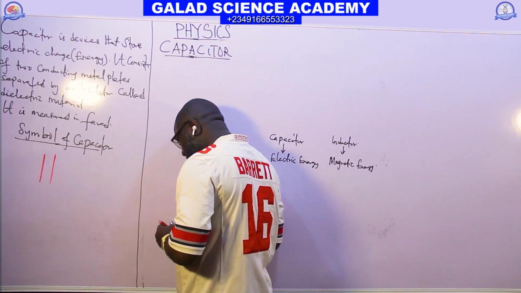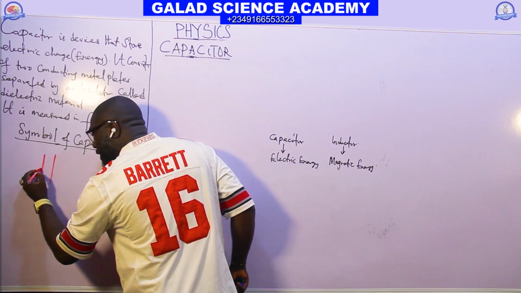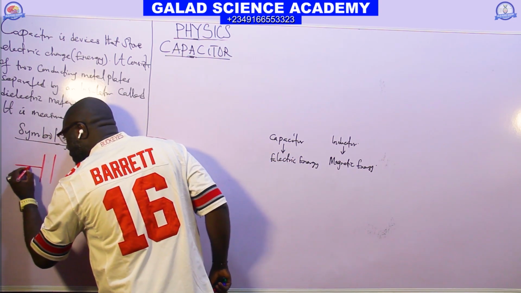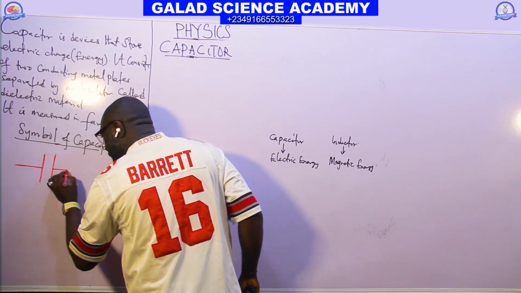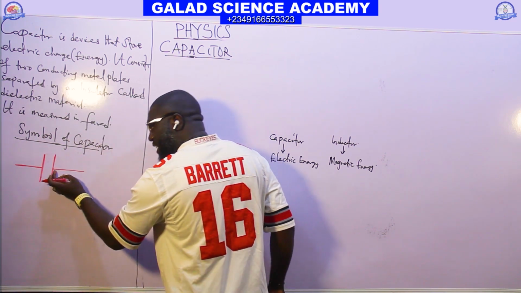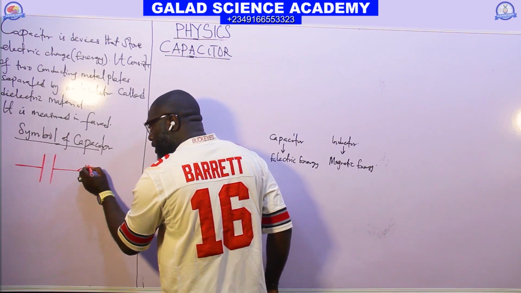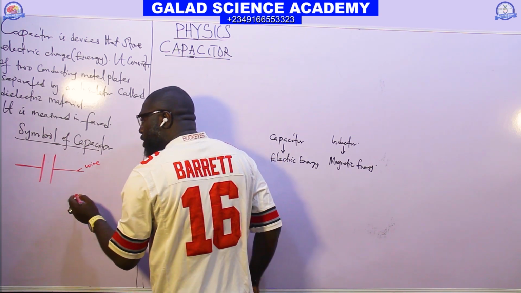Each plate is connected with an electric wire. This line represents the electric wire.